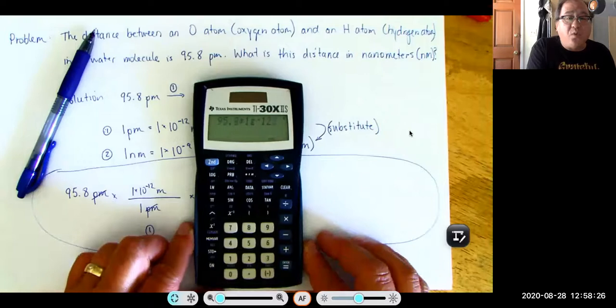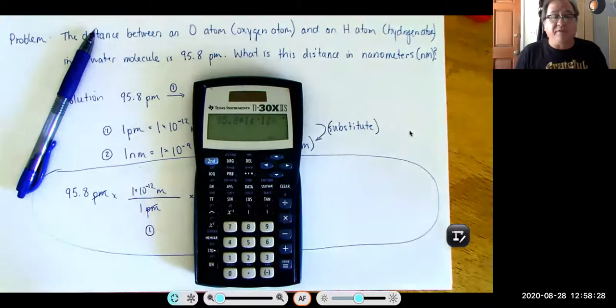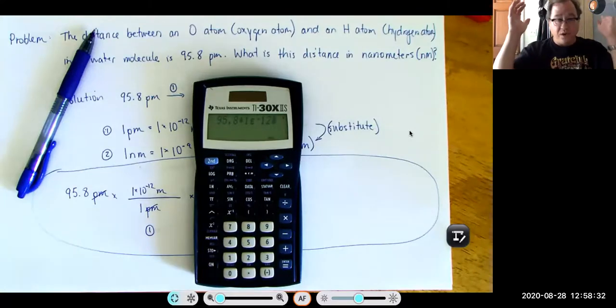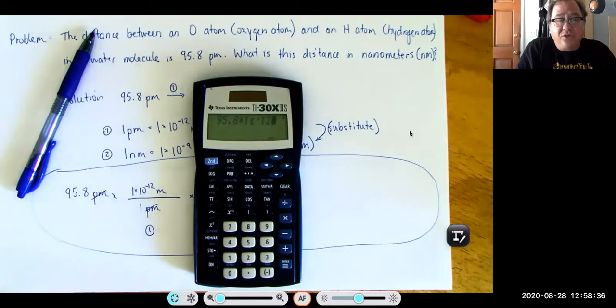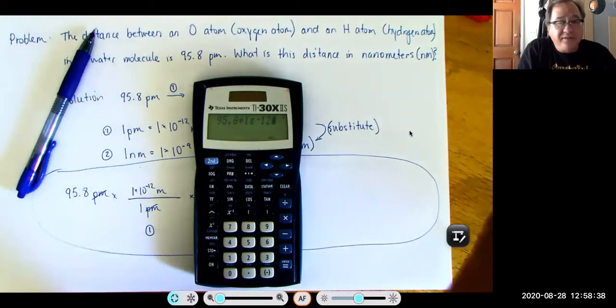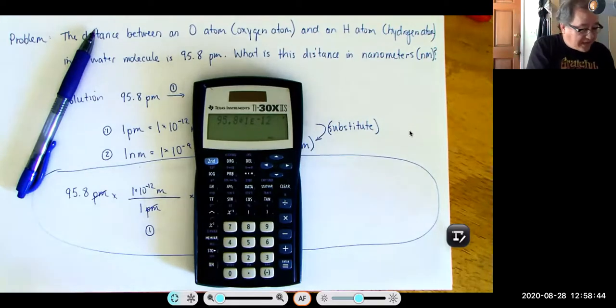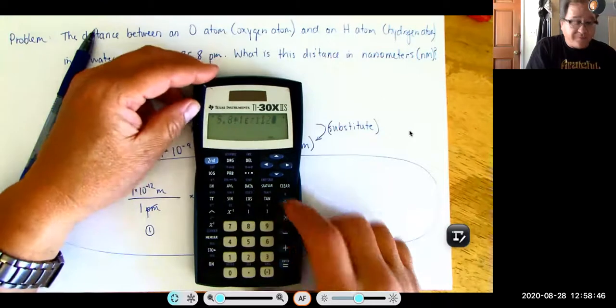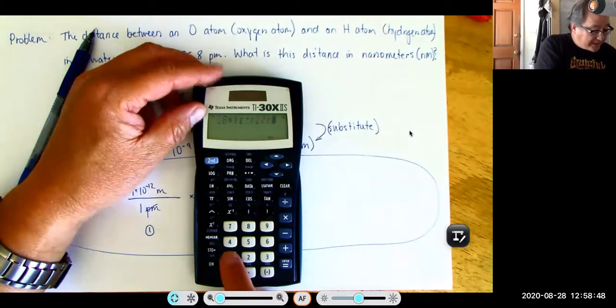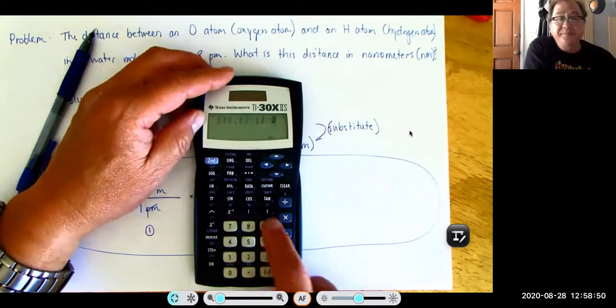When you see that 1E negative 12, that means literally parentheses 1 times 10 to the minus 12. So notice I don't have to put the 10 in there. What's really neat about this is it treats it like it's a big parentheses. Now I'm going to put divided by 1, second EE, negative 9.